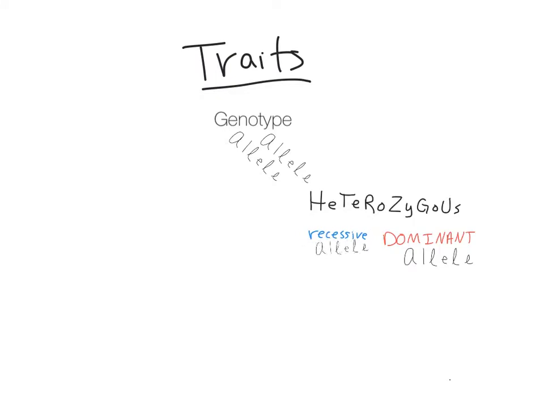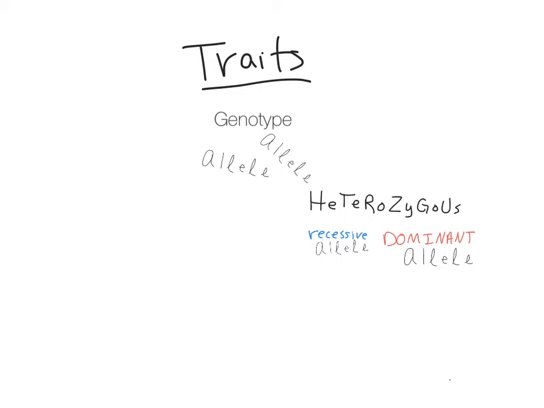That's why you've seen that I've written dominant in all capitals, recessive in all lowercase, because when we look at a Punnett square or something, a dominant allele is written in capital letters and a recessive one is written in lowercase letters. If I have a dominant and a recessive, I call that heterozygous.